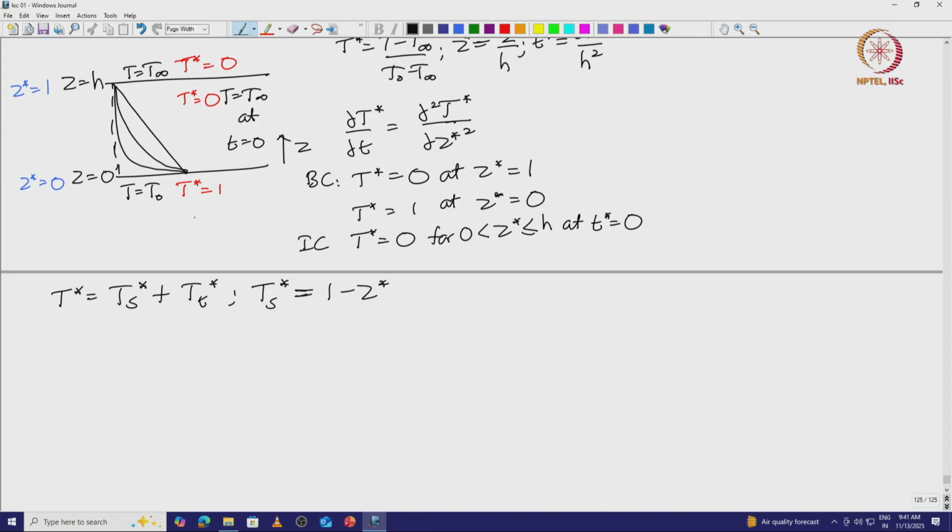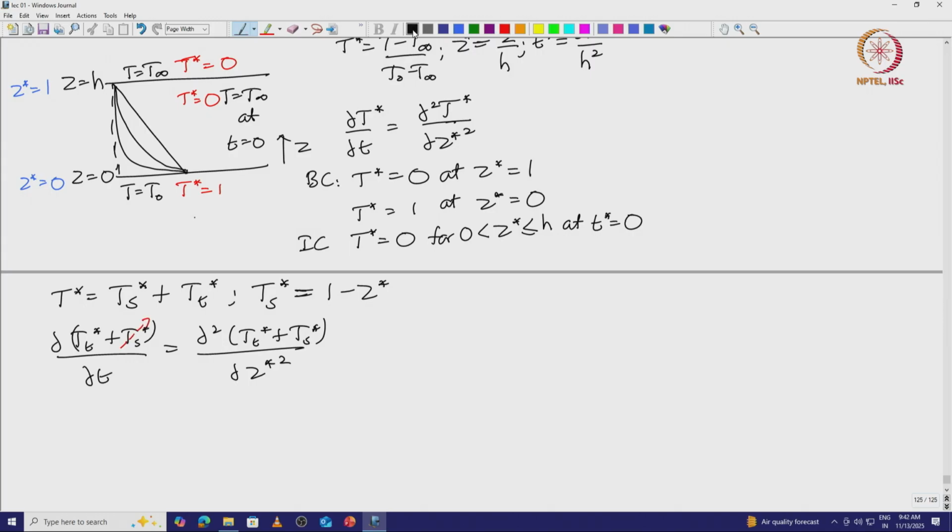Now, the equation is the partial of the transient plus the steady part by partial t equal to the partial square of the transient plus the steady part by partial z star square. The steady part does not depend upon time.